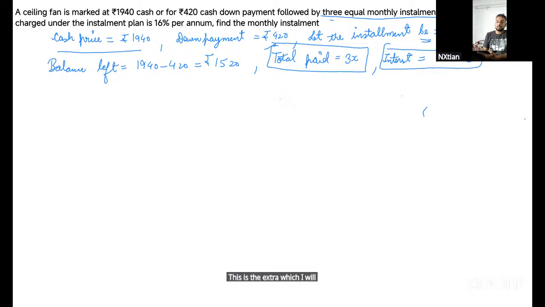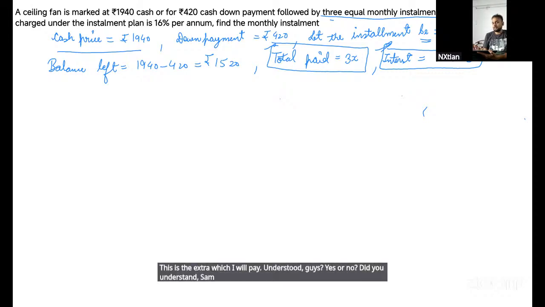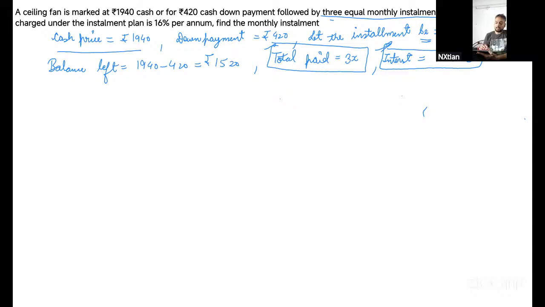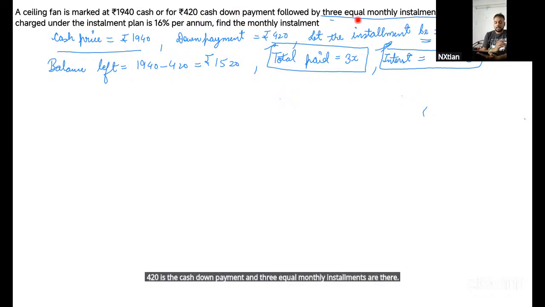Understood, guys? Yes or no? Did you understand, Sam, Abigail, Joshua, Jehoan? Can you repeat one more time, sir? Yeah. Basically, the fan's cash price is 1940, 420 is the cash down payment, and three equal monthly installments are there. The rate was also given as 16% per annum.